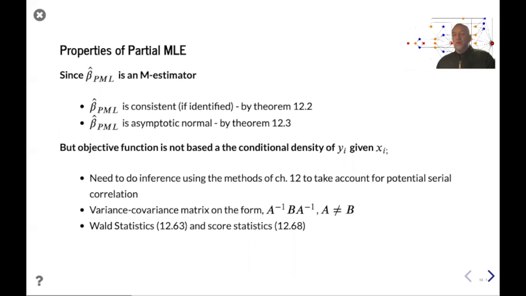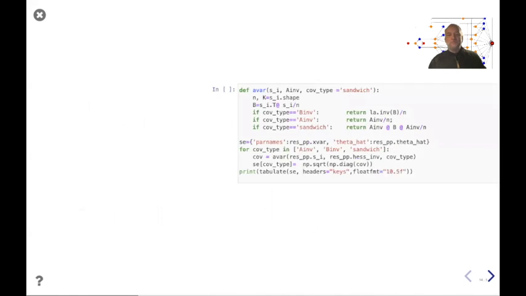We would have A equal to B, and this would make the variance covariance matrix simplify. Okay, so we need to use this more complicated formula, which requires us to calculate both the Hessians and the outer product of the gradients. But we can do it.